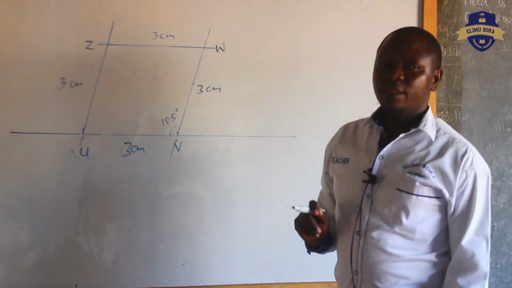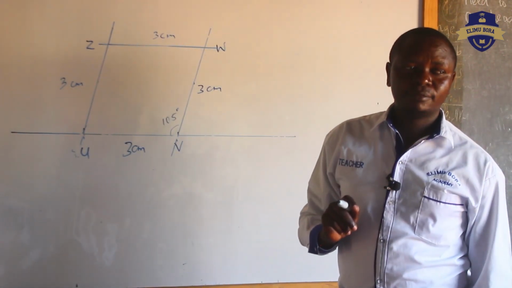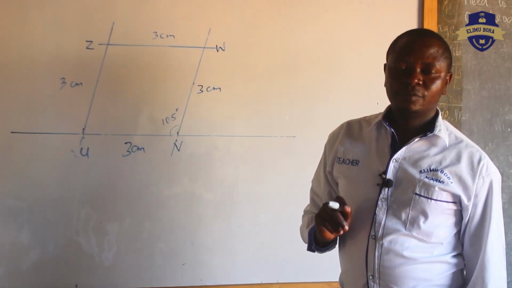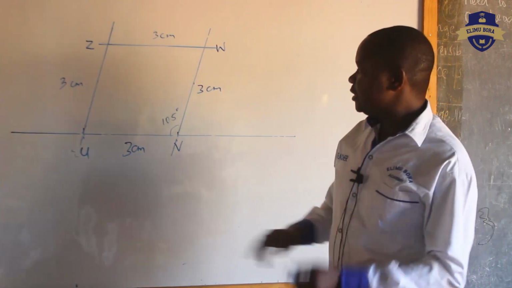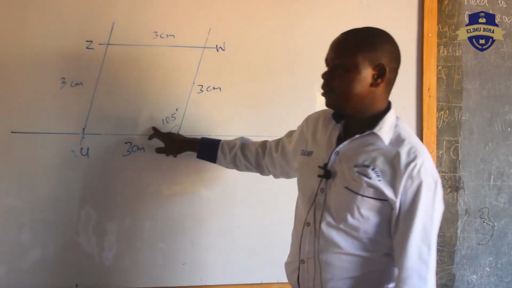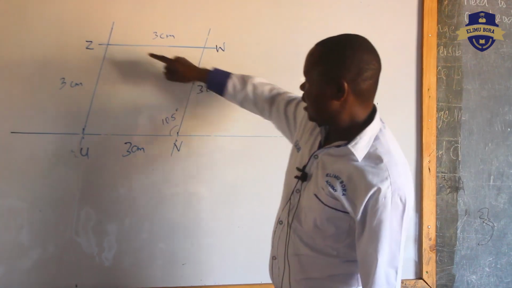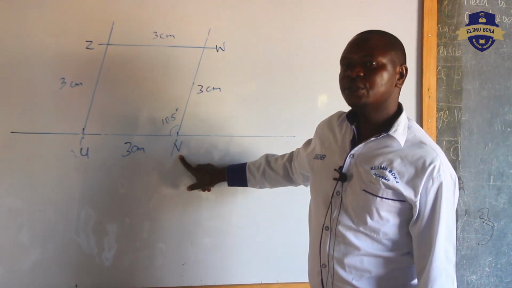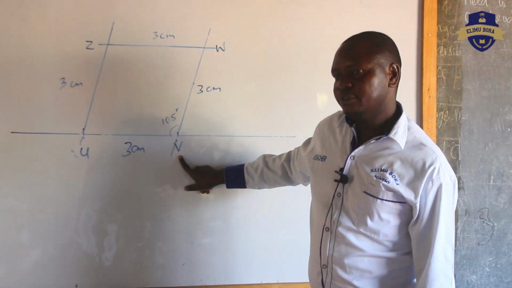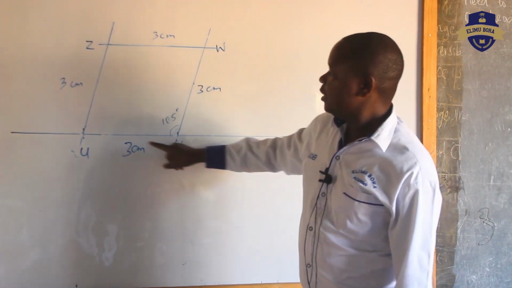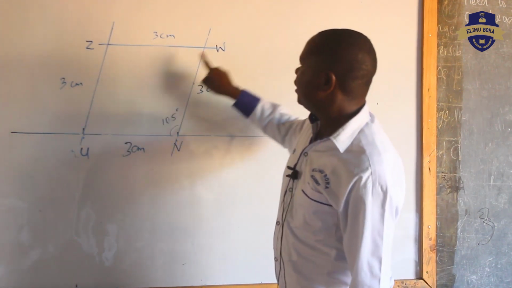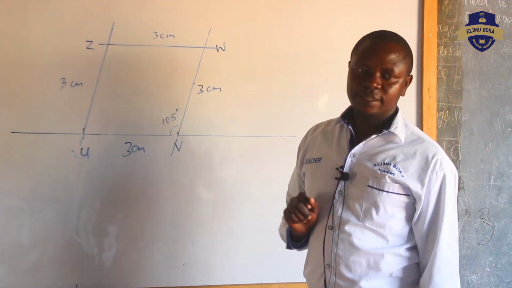Tunaelewana? Another property, two interior opposite angles are equal. The angles at point Z and point V are the same. Tunaelewana? And then also the angles at points U and W are also the same.